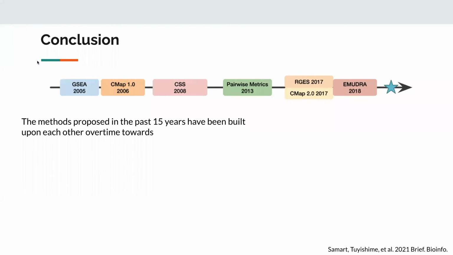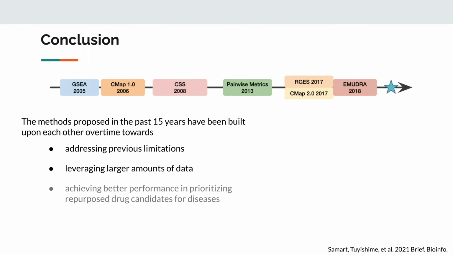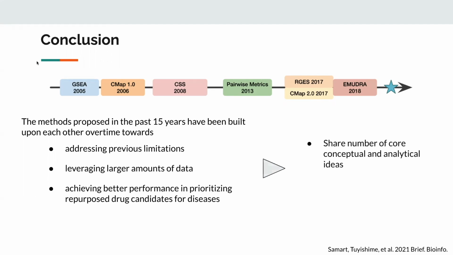In conclusion, the methods proposed in the past 15 years have been built upon each other over time, thus addressing previous limitations, leveraging larger amounts of data, and achieving better performance in prioritizing repurposed drug candidates for diseases. Therefore, they share a number of core conceptual and analytical ideas, and also use similar statistical techniques and quantities.